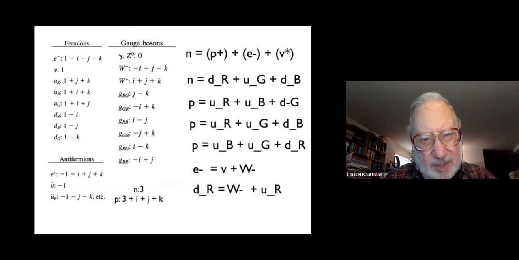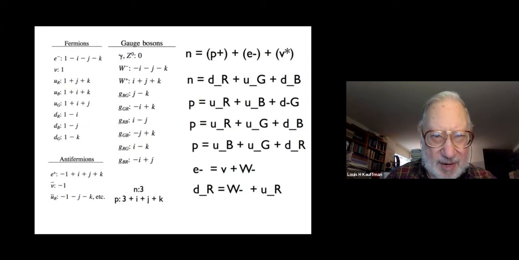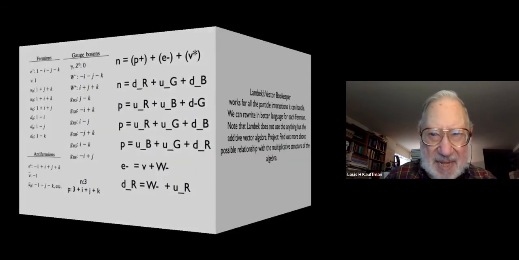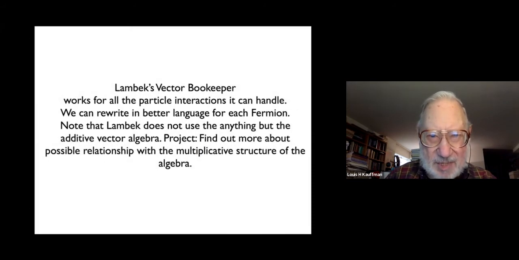But his slide rule begs for a better theoretical explanation. And maybe someone here could supply that. Maybe we could figure that out. So this is the most focused problem I've presented you with today, I think. So that's his vector bookkeeper.